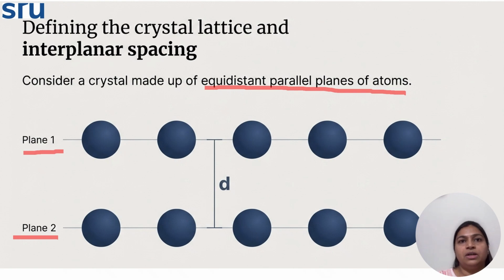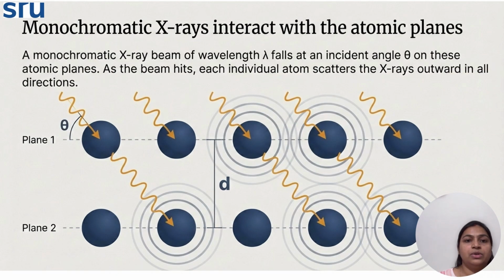Let us move forward. When a monochromatic X-ray interacts with the atomic planes, what will happen? Let's say a monochromatic X-ray beam of wavelength lambda falls at an incident angle theta on this atomic plane.